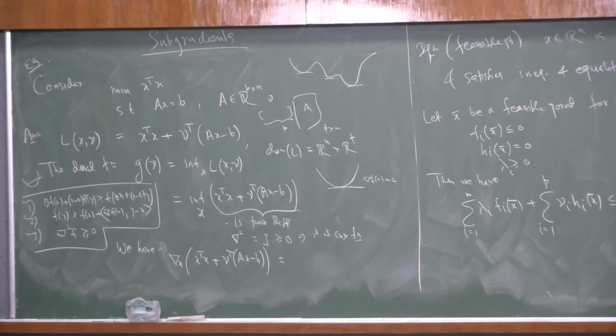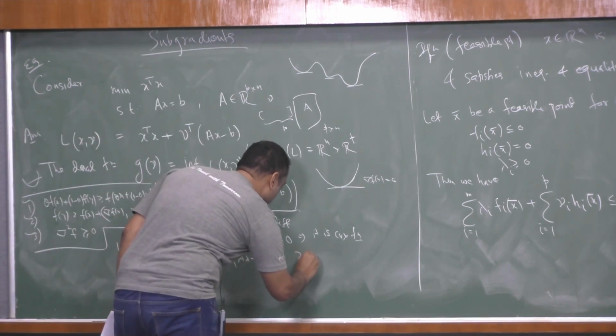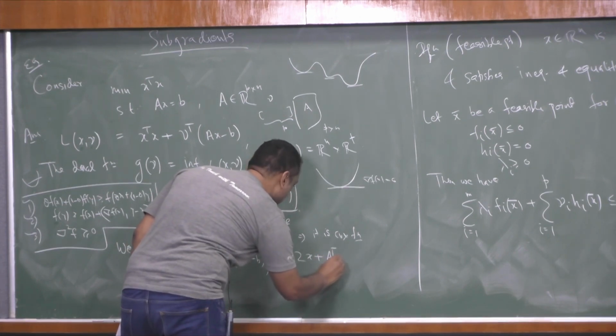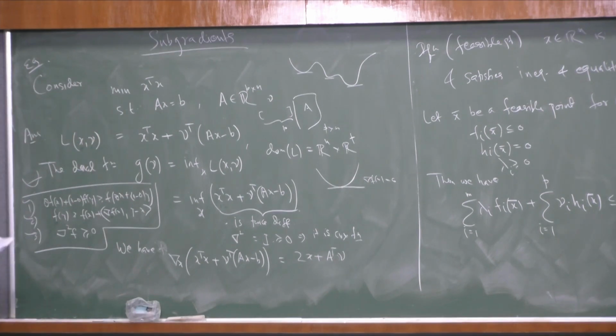Okay, so if we do a derivative of this, what do I get? 2x plus A transpose nu. 2x plus A transpose nu. And then we equate it to 0.